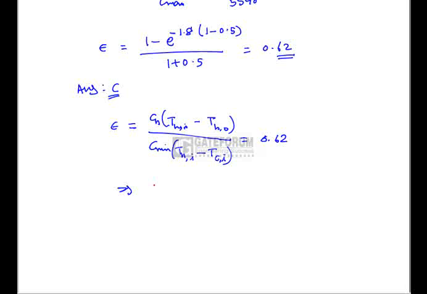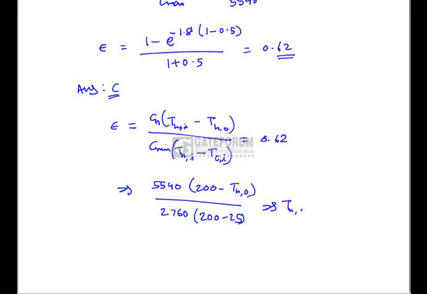From this equation we can write 5540 into (200 minus the exit temperature of hot fluid), by C minimum, 2760 into (200 minus 25), which is equal to, from this equation, the hot fluid temperature at the exit is equal to 145.6 degrees centigrade. And in the options, the correct option is C. C is the right answer for the second question also.